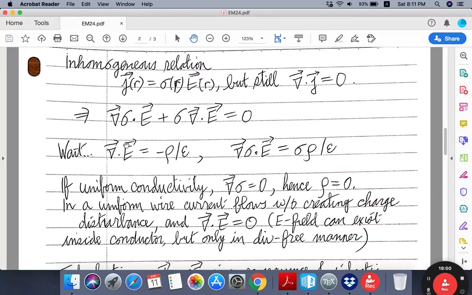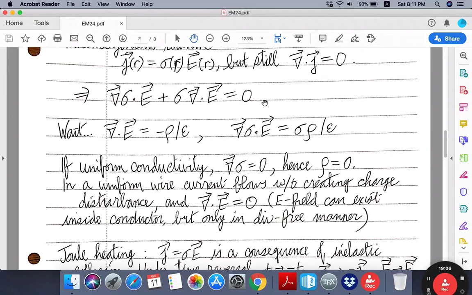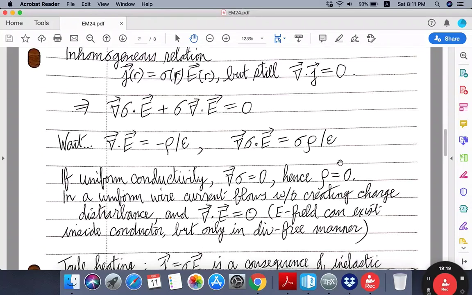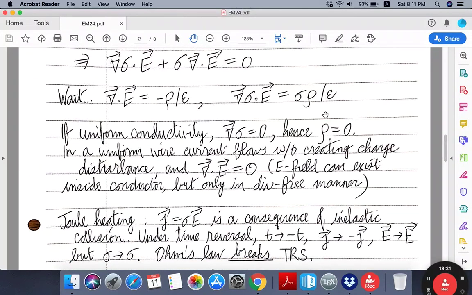Okay, so now combining this equation with this previous equation, you can express this divergenceless condition in this rather differently looking form. On this side of the equation, you have the product of the local electrical conductivity multiplying the local charge density.